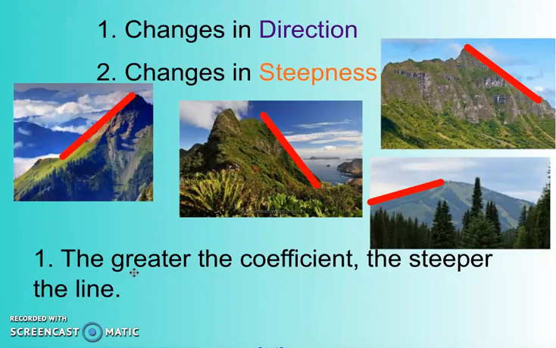So the greater the coefficient, the steeper the line. The direction, as we learned before: this would be a positive slope because it's going up from left to right, and this would be negative because it's going down from left to right.